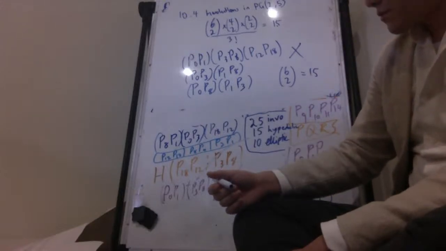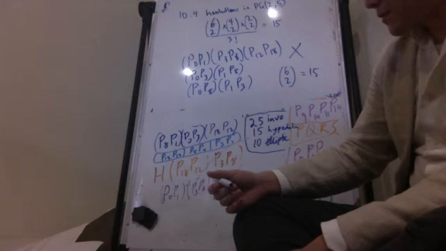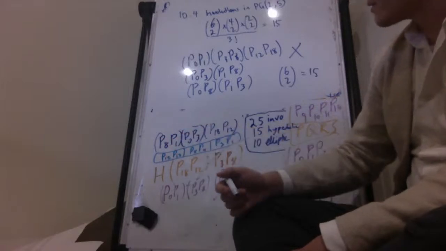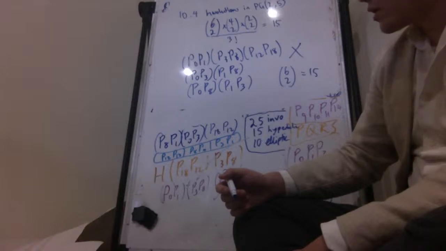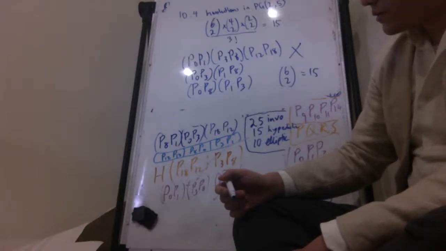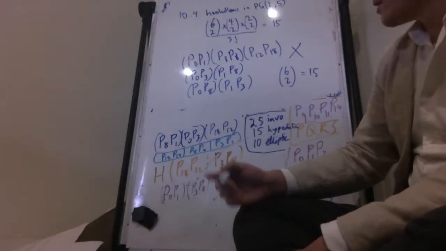So out of the 3 possible ways to pair up the 4 points, only one is valid, and 2 of them are not valid.